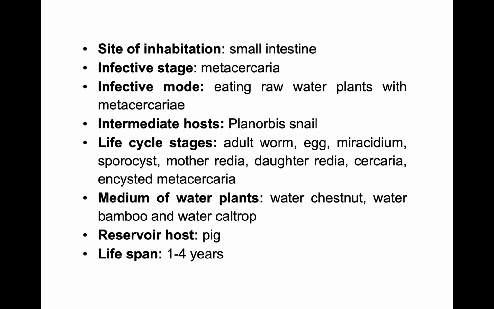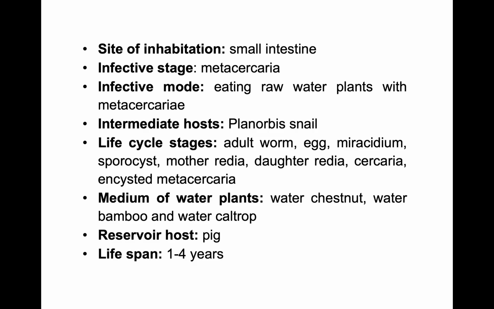And then the intermediate host is a freshwater snail, and the life cycle stages include adult worm, egg, miracidium, sporocyst, mother redia, daughter redia, cercaria, encysted and metacercaria. And the medium water plants are water chestnuts, water bamboo, and water caltrop.